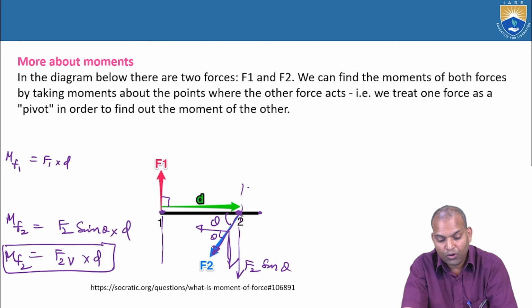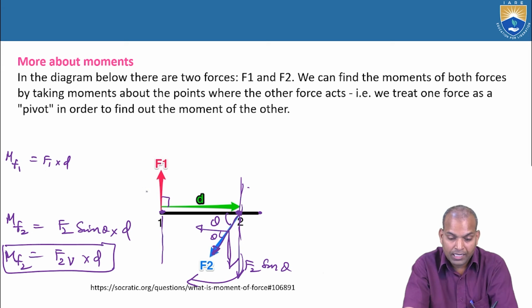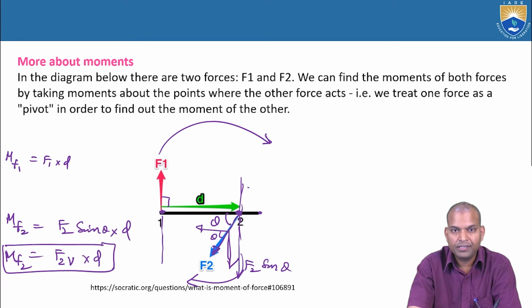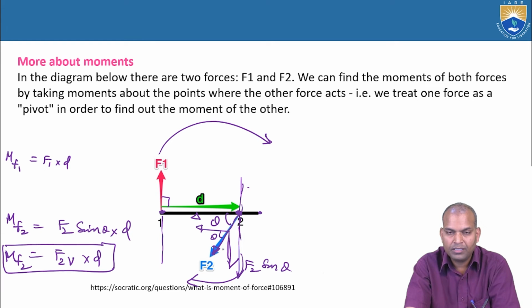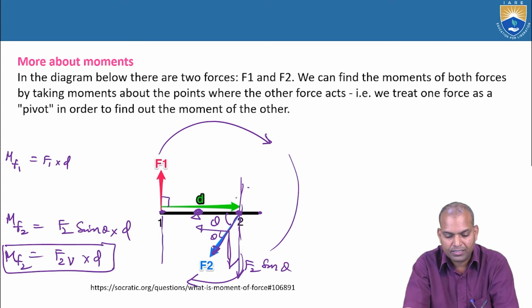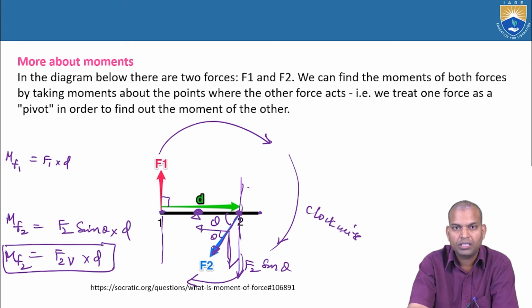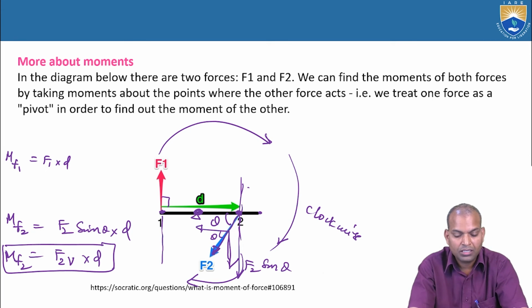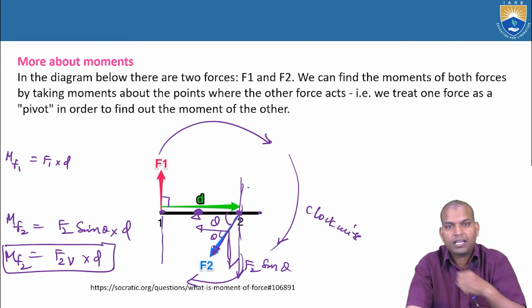And this F2 force is giving clockwise movement, and the F1 force is also giving clockwise. So what will happen here? If there is a fulcrum point or a hinge point here, then F1 and F2 sin theta cause the body to rotate in the clockwise direction.